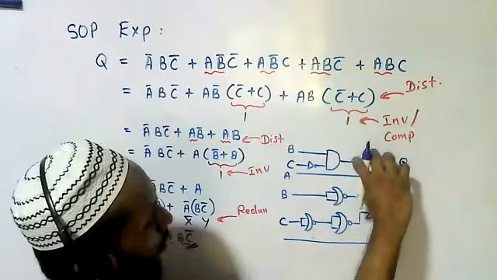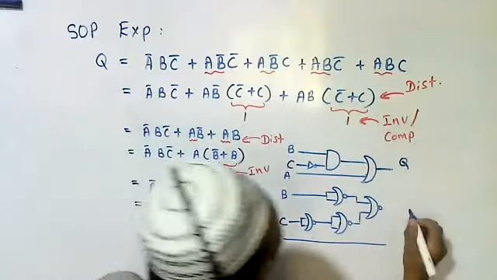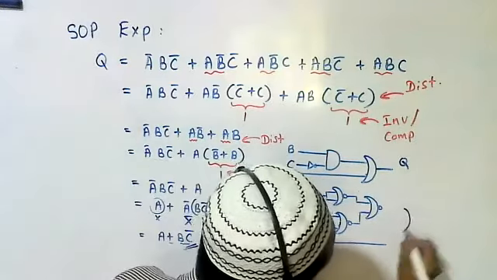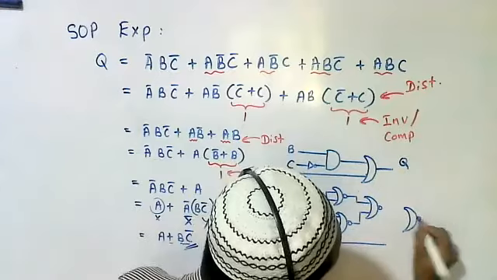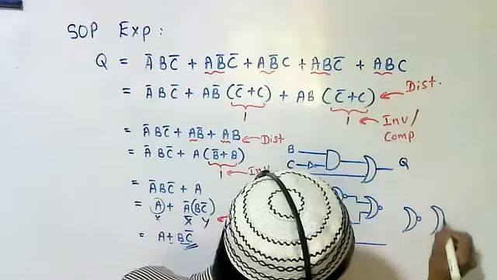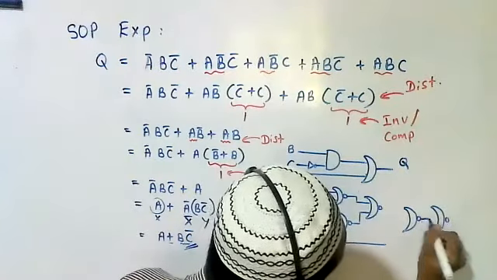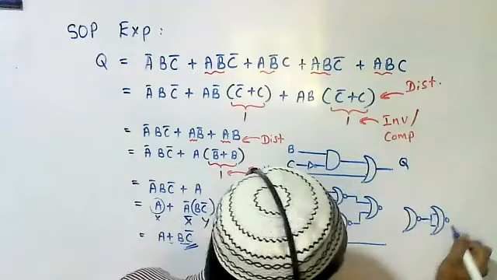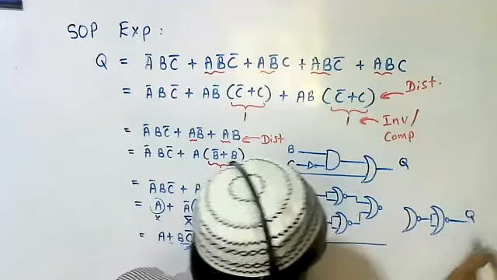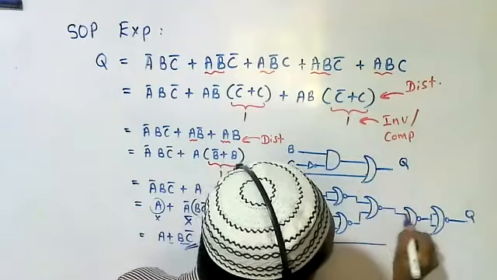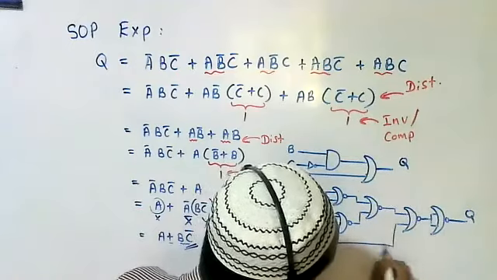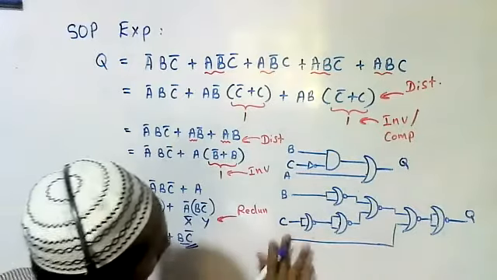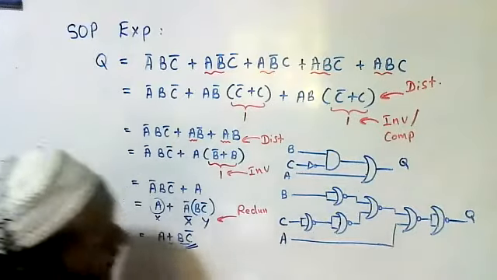And finally, OR gate is there. So we need 2 NOT gates to make an OR gate. We have to connect 2 NOT gates serially like this. And this is the final output. These are going like this. Right, that's all.